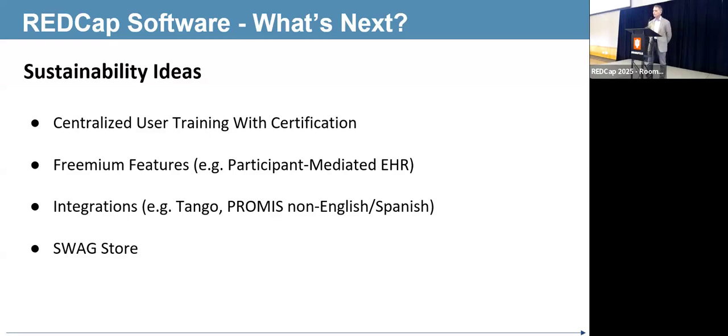I think we'll launch this out to a small group at the NIH itself, this intramural group that we support there, as well as Vanderbilt. And if it goes well, then we may open it up to the consortium. Maybe thinking more about freemium features. I would never want to do this for incremental features and functions, but for things like that participant-mediated EHR. We've lived through trying to get people used to the concept of getting your EHR data married up with REDCap.